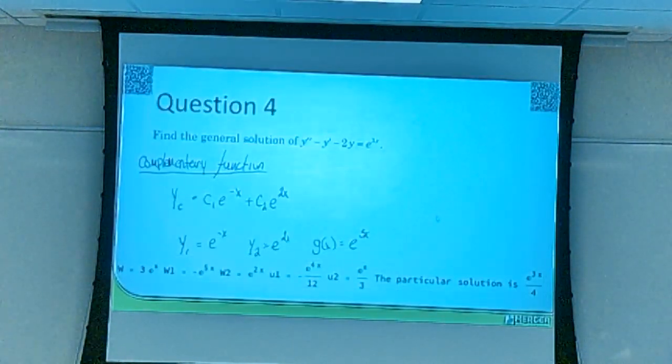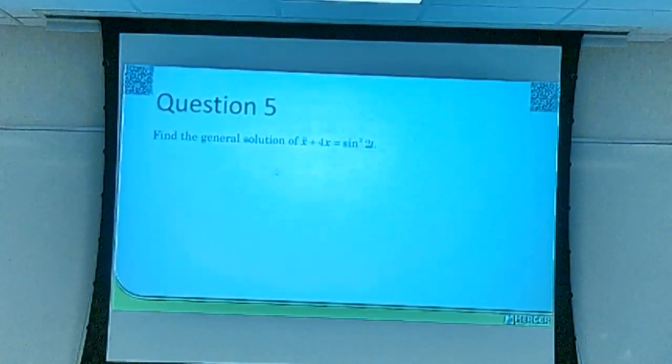And then obviously your solution is just C1 e to the negative x plus C2 e to the 2x plus 1/4 e to the 3x, which you should get from undetermined coefficients as well. In fact, we may have actually done that problem. This one, yeah. This one's fine.